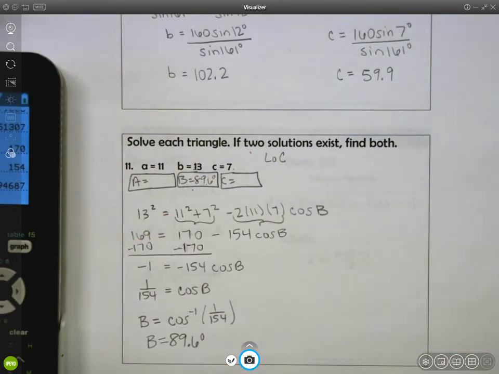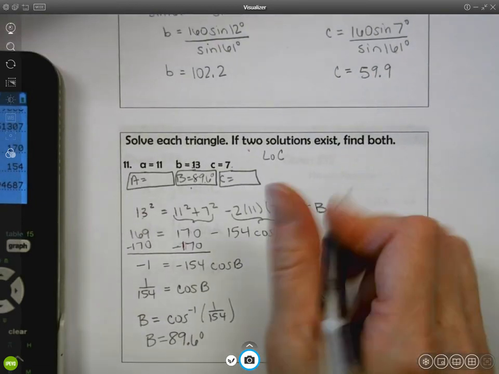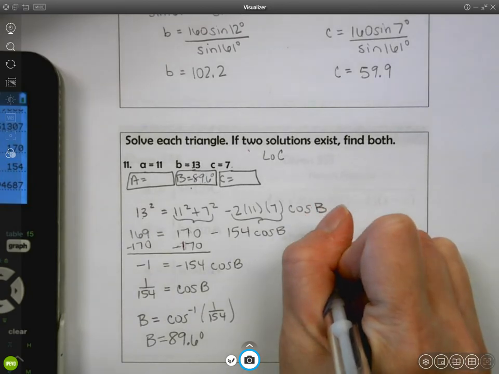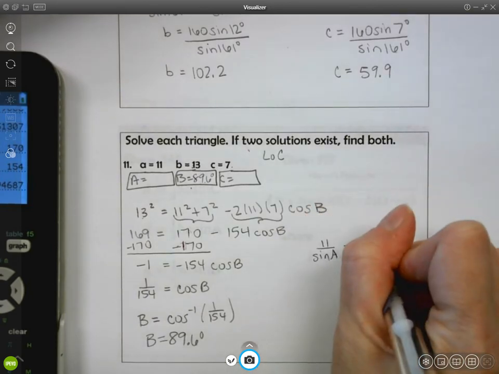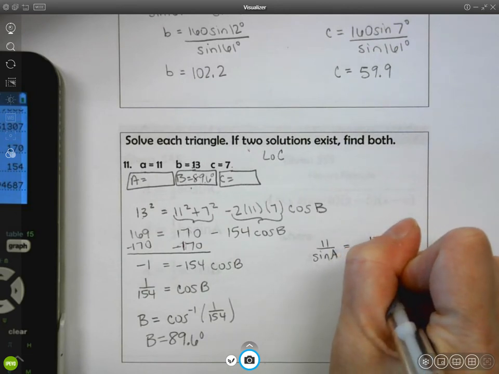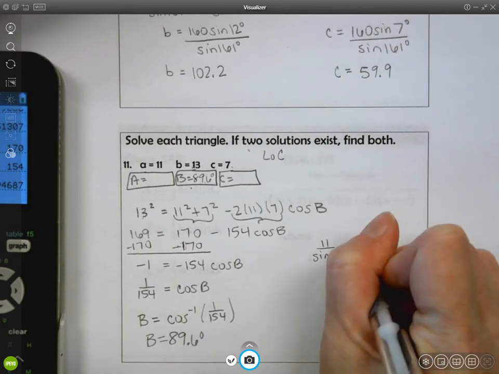All right, so once we know that, then we can use law of sines, and you can find angle A or angle B, it doesn't matter. I'll find angle A. So we'll do 11 over sine of A is equal to 13 over sine of 89.6.